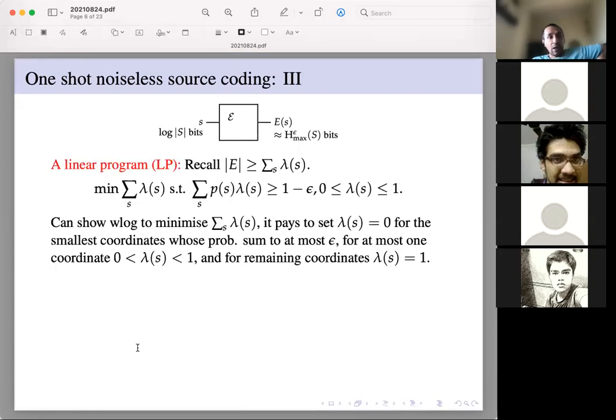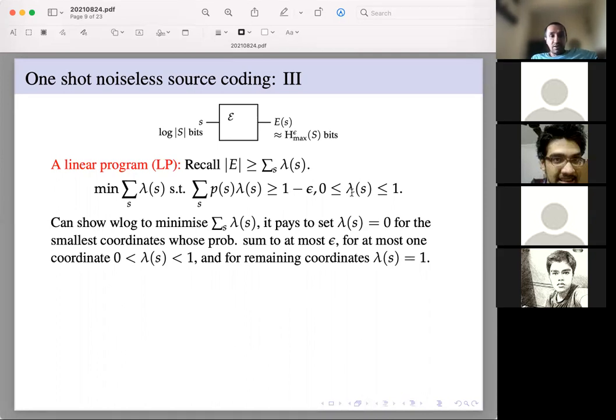Proving a lower bound on mod E is essentially studying a linear program. So what is the linear program? Remember that mod E is lower bounded by the summation lambda S. So let us study a slightly different problem. Let us try to minimize summation lambda S such that the success probability of decoding correctly is 1 minus epsilon.